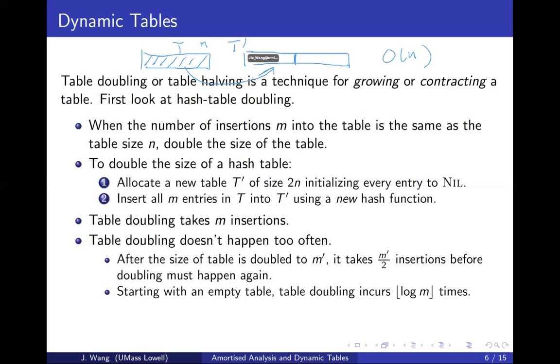Under the hashing, maybe they spread out evenly, so this is occupied and some others not. Then of course you can put more items in it under a hash value. Okay, so that's doubling.